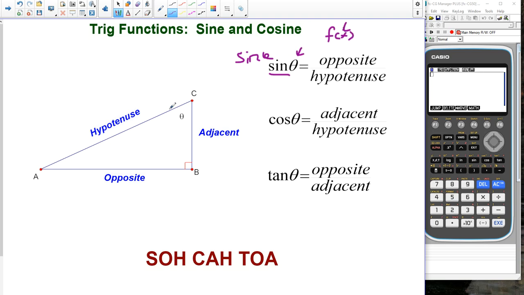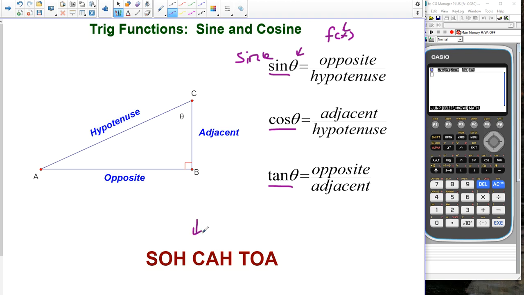So this angle, whether it's 35, 45, whatever degrees, is our input, and out will come a ratio of opposite over hypotenuse. Our cosine, which translates to the complement of sine, is adjacent over hypotenuse. And tangent, one of the more important inventions in all of mathematics, is opposite over adjacent.